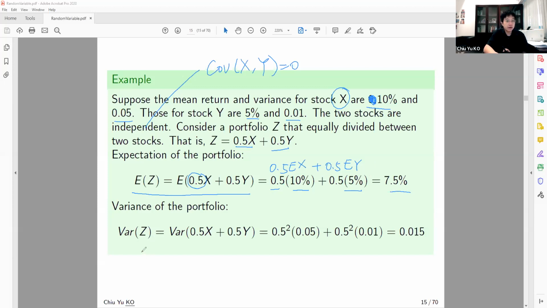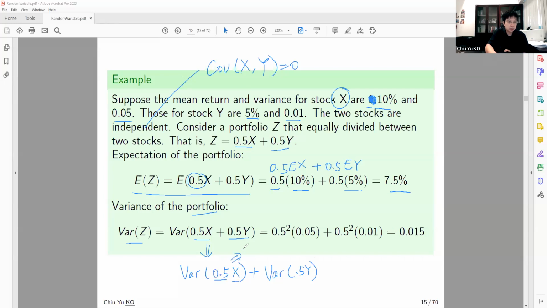And here we have the variance of the portfolio. Z is equal to half of X and half of Y, and we know they're independent. So you can write the variance of 0.5X plus the variance of 0.5Y. Because of a constant multiplied, you can take it out.